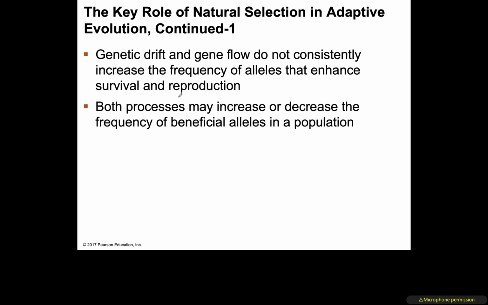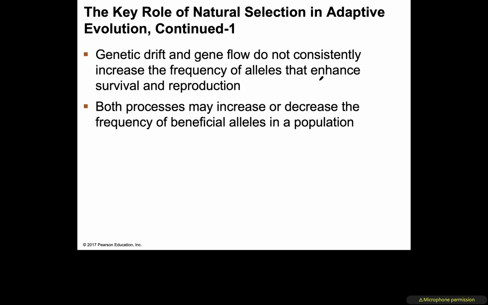And so genetic drift and gene flow do not consistently increase the frequencies of alleles that enhance reproduction, meaning it is chance. It's not about the enhancement. They're not selected on because those alleles enhance survival.